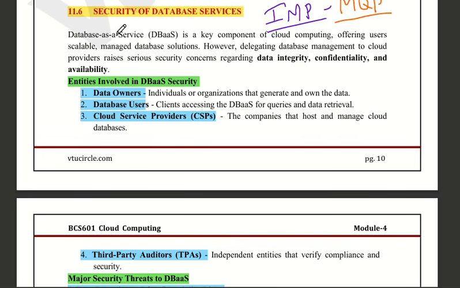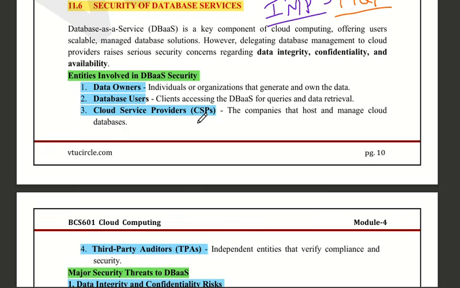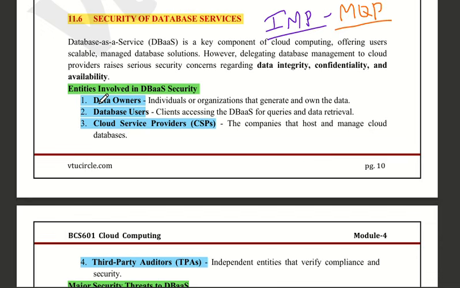Next, moving on to the next question, security of a database service. It is also a very, very important concept, because that question is there. It has appeared in the model question paper. So let's see one by one. Why do we need data security? To maintain privacy.